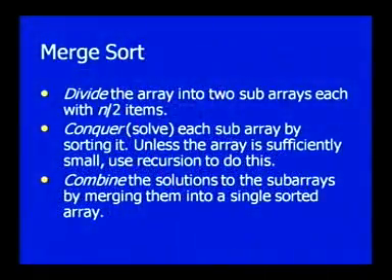If you see the control structure of merge sort, it looks exactly like this. We have to divide the array into two subarrays, each having n by 2 elements, then conquer.